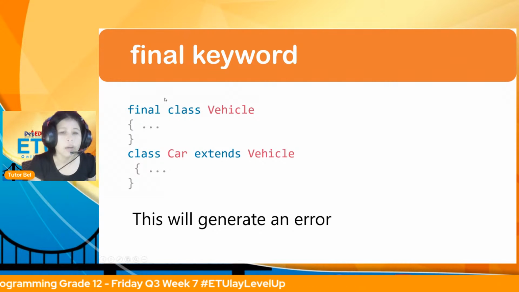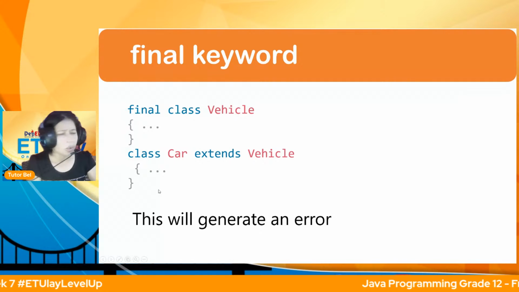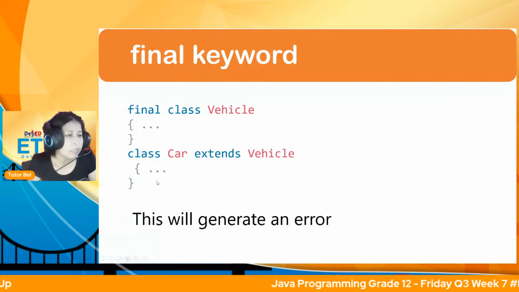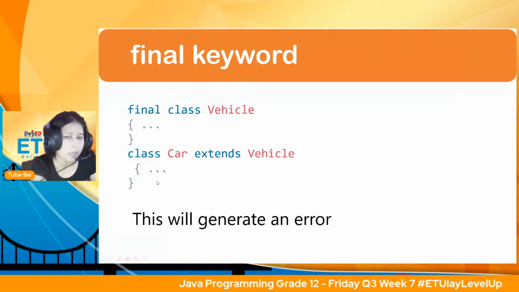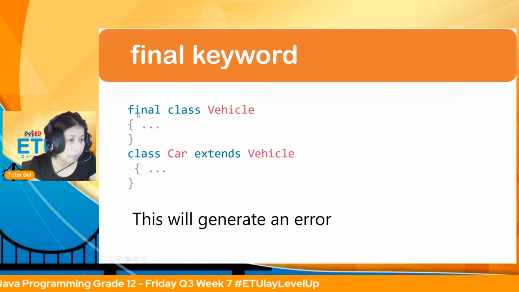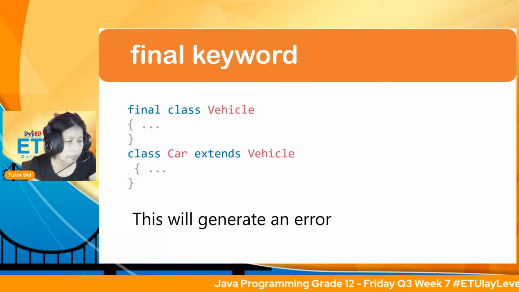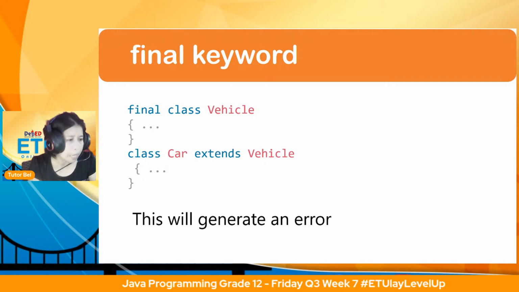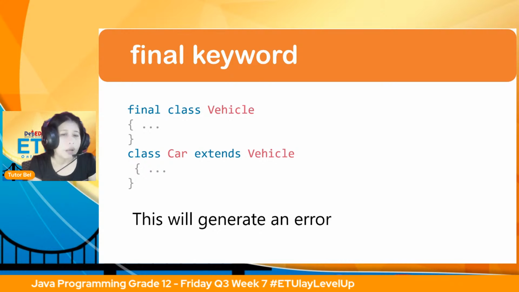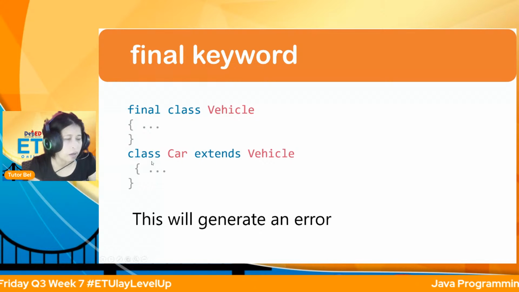Okay? So this will generate an error. You also have to check the class that you want to inherit, in case it has the word final, right? So there should be no final before the name of the superclass, the name of the base class. Because when there is final, you can never inherit or derive.